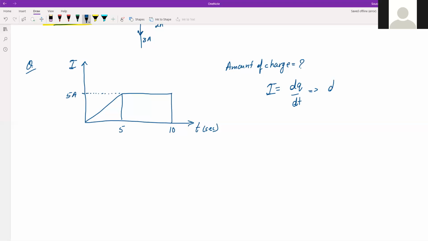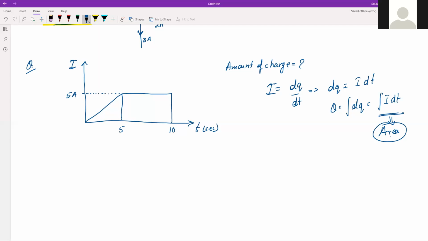So it implies that dq is equal to I dt. So the total amount of charge is integration of dq, which is integration of I dt. And we know that this integration is nothing but the area under the curve. So you just have to find the area.